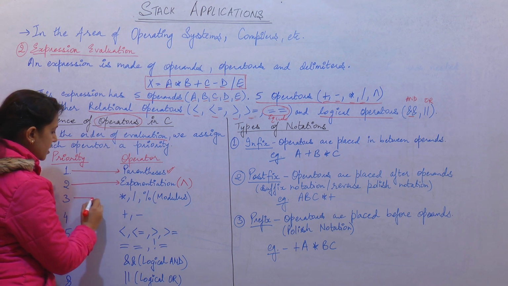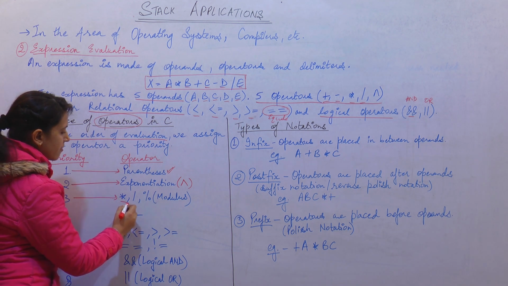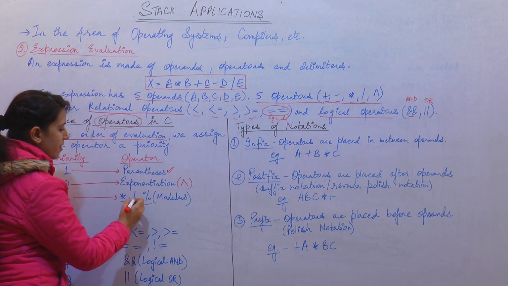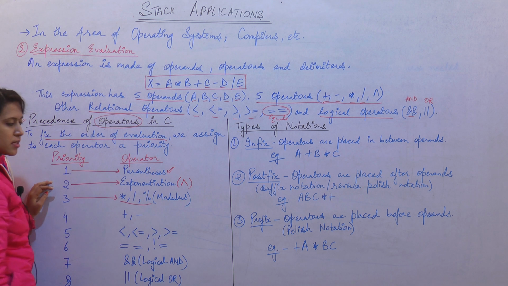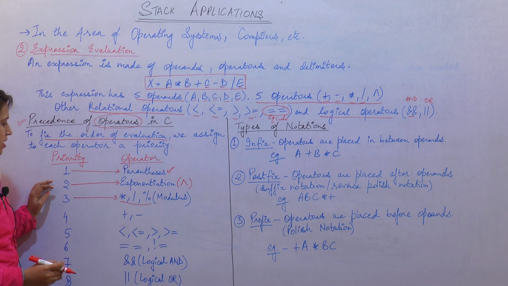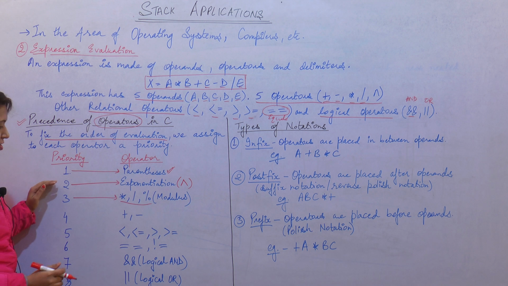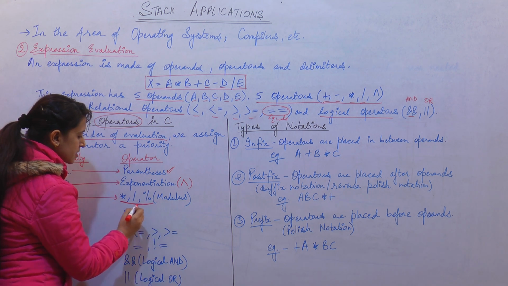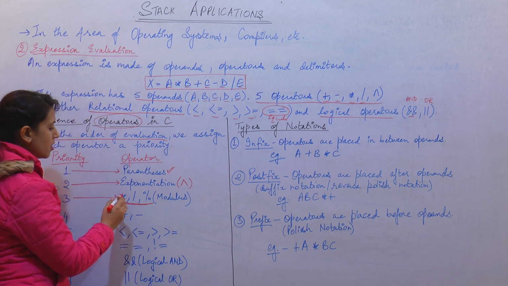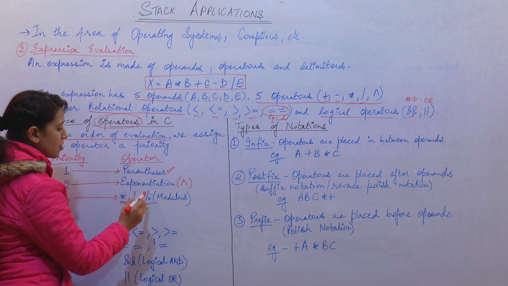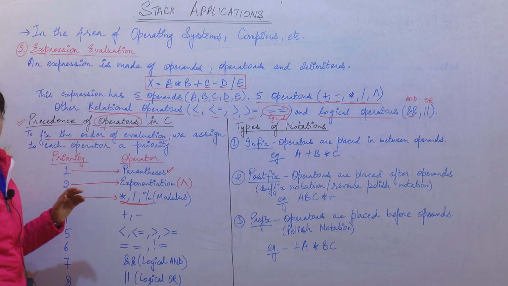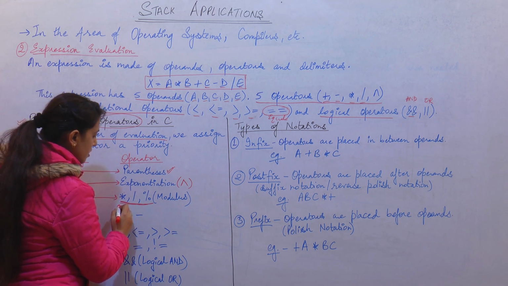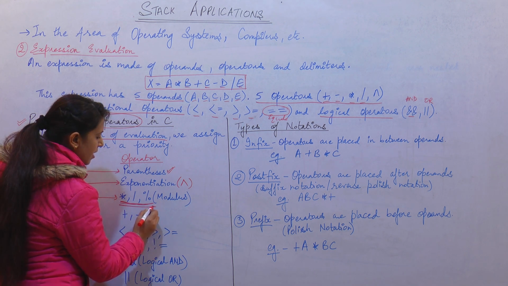Third priority is given to the multiply, divide and modulus operators. So multiply, divide and modulus operators have the third priority after parentheses and exponentiation. If we ask which of these three has the highest priority, we will always consider the priority from left to right.